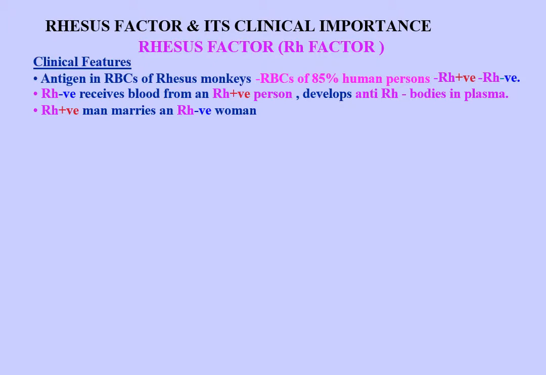The mother's blood will start to form anti-Rh bodies. In the next pregnancy, these antibodies will cross the placenta to be mixed with the fetal blood, causing hemolysis of his RBCs and intrauterine fetal death, a condition which is called erythroblastosis fetalis.